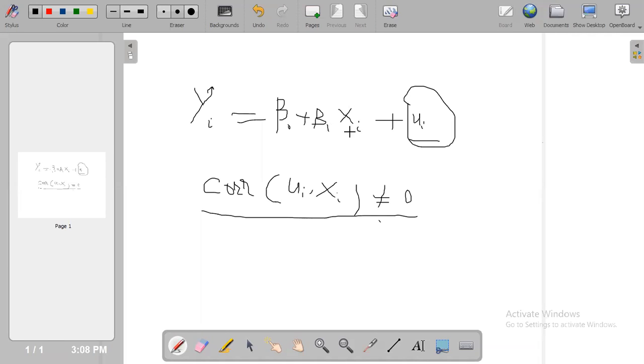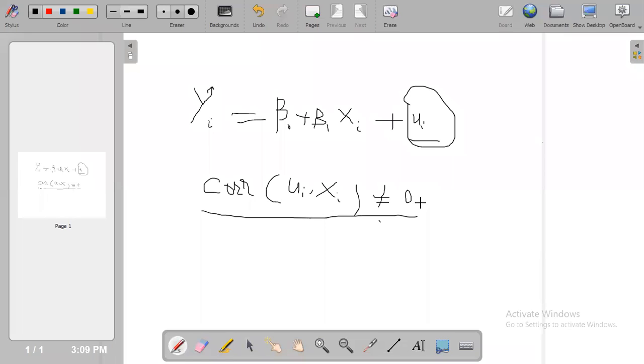And due to that, the beta 1 is not giving you the true effect of x on y. Some effect is given, but some of it is shared with some of the other variables. If this is the case, if correlation between disturbance term and the independent variable is not equal to 0, then in econometric terminology, we call it the assumption of endogeneity.